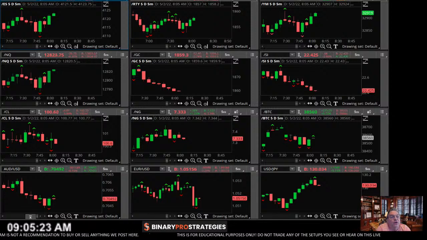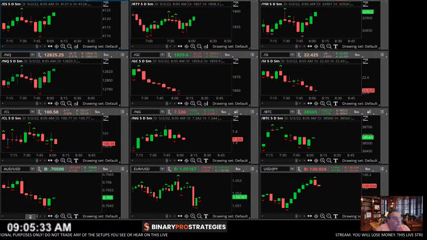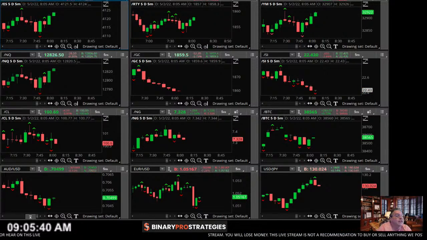Okay, I am getting a short on the Euro US right now at 1.0519. Euro US, 1.0519. Now, when we're trading, we are using the Nadex platform.